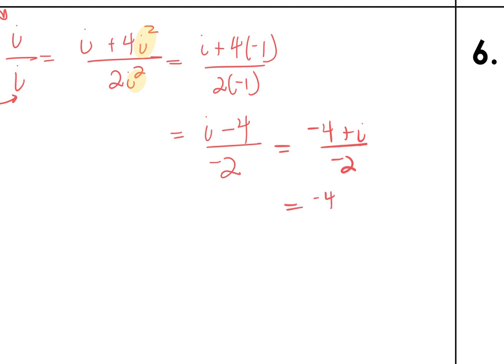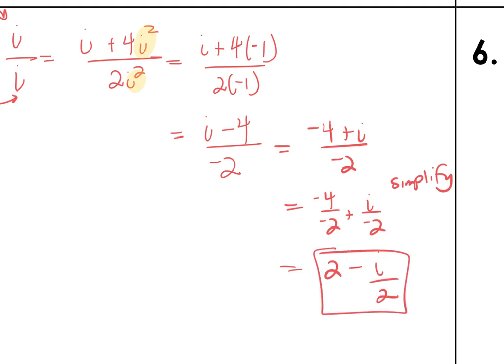Break it up. Real, then imaginary. Simplify. So negative 4 over negative 2 is 2, and I'm just going to say minus i over 2 because that 2 at the bottom over here, that was a negative. So down here, I'm just saying minus i over 2.